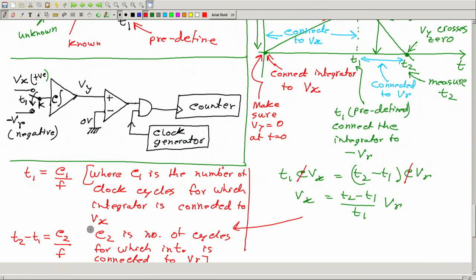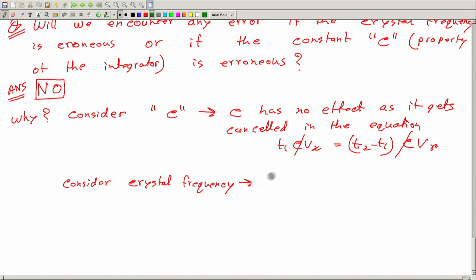Basically, therefore, you can write: this is C2 by F and this is C1 by F multiplied by VR. Once again you see this F and F cancels. So, the frequency of the clock generator has no effect.